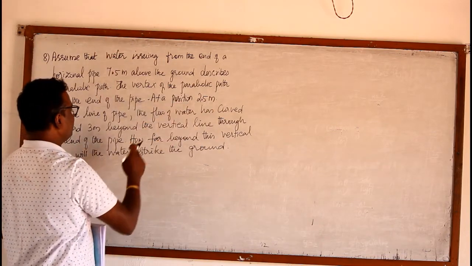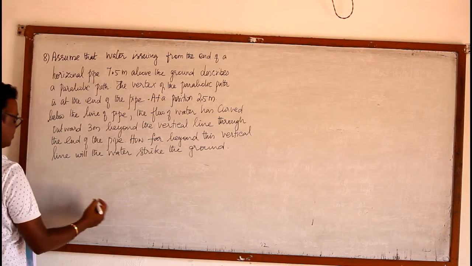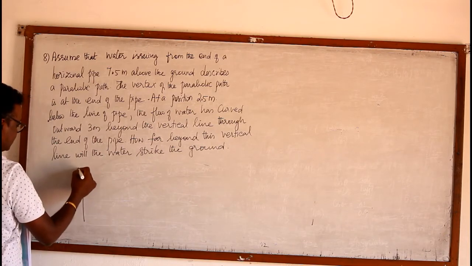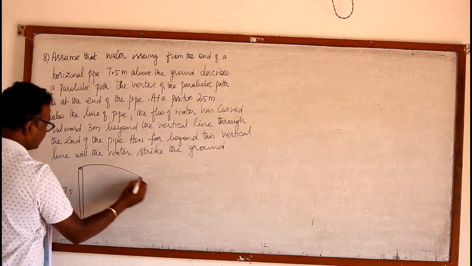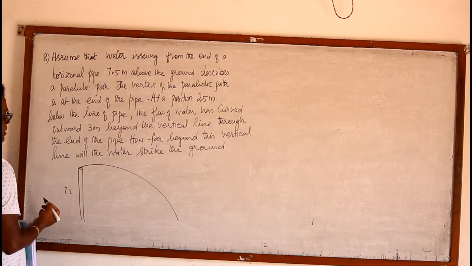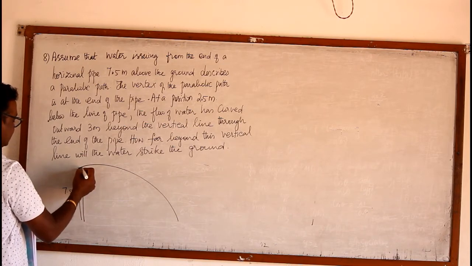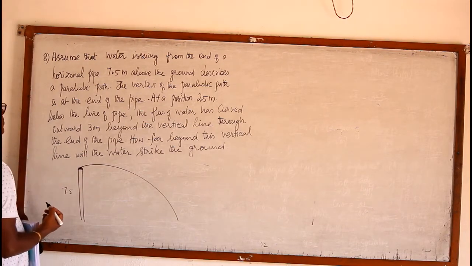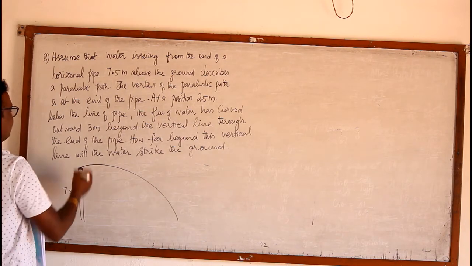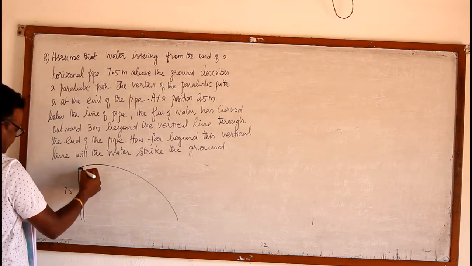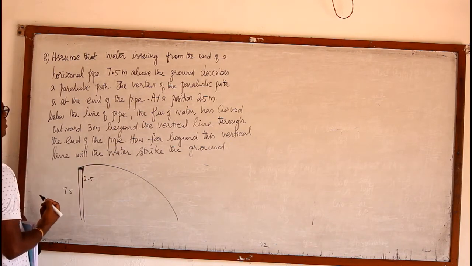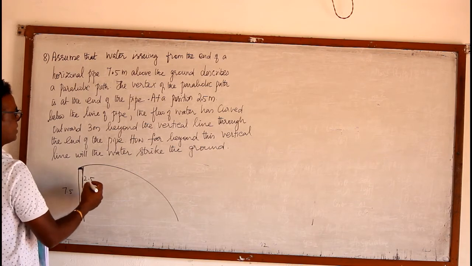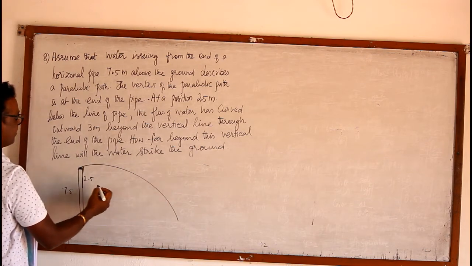At a position of 2.5 meter, so we shall see. So there is a pipe 7.5 meter from the ground. From here, water is flowing to the ground. This is the structure. So this is the vertex they say. Now, at a point 2.5 meter below the pipe, the flow of water has curved outward 3 meter from the vertical line.